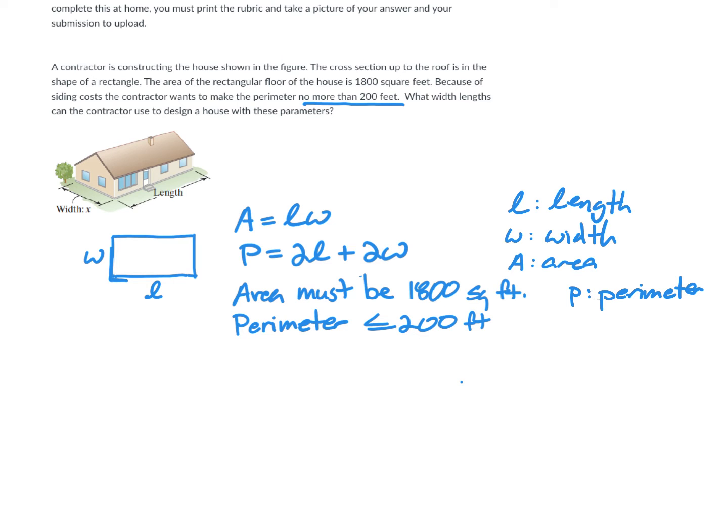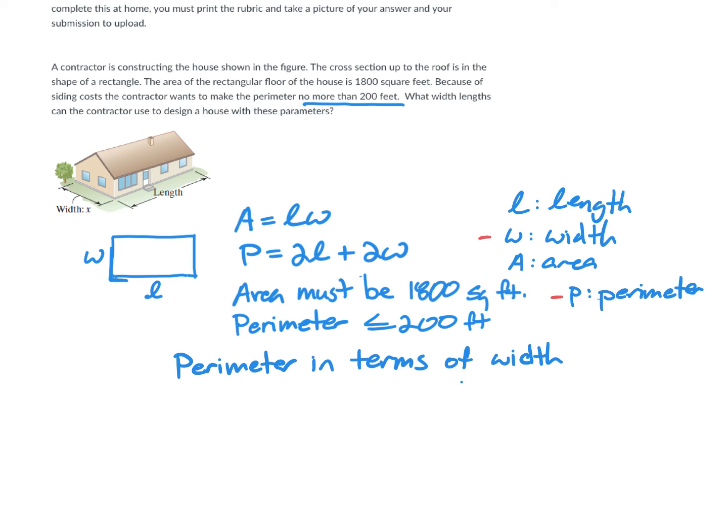And now I'm going to come up with one equation. Now the strategy I used was to come up with an equation with perimeter in terms of width. Right? So looking at my variables, I'm going to get this in terms of this.